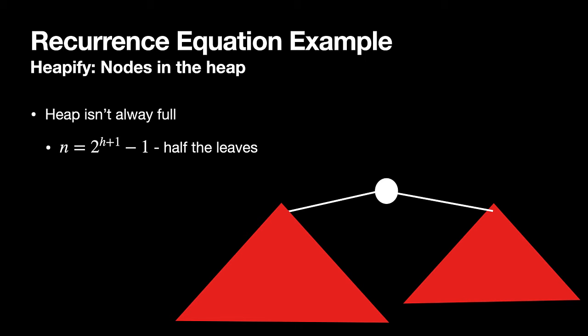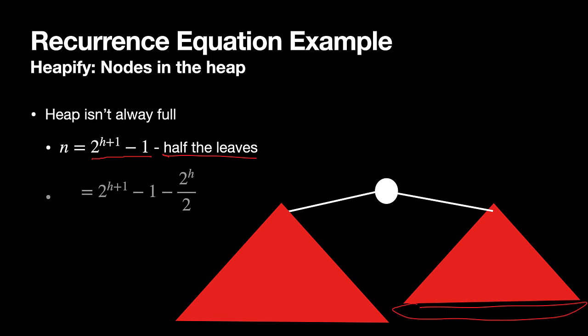So if you remember, our equation for a full heap of height h would be 2 to the power of h plus 1 minus 1. Okay? And then we want to get rid of the leaves on the left-hand side. So that would be half of our available leaves. And remember, our lemma gave us the equation for total number of leaves, which was 2 to the h. So half of our leaves would be 2 to the h over 2.